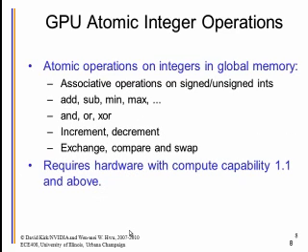For GPU atomic integer operations, these are atomic operations on integers in global memory, such as addition, subtraction, min, max, and, or, exclusive or, increment, decrement, exchange, compare, and so on.